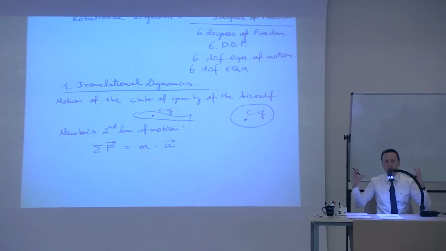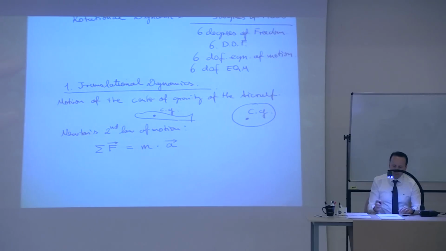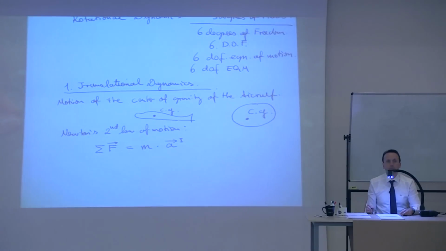Newton took all points of the 3-dimensional body and said, I'm defining one point which I call the center of gravity. And the motion of the center of gravity is governed by this law. And we have already found out that the acceleration here must be with respect to the inertial frame. And this is only valid in the inertial frame.